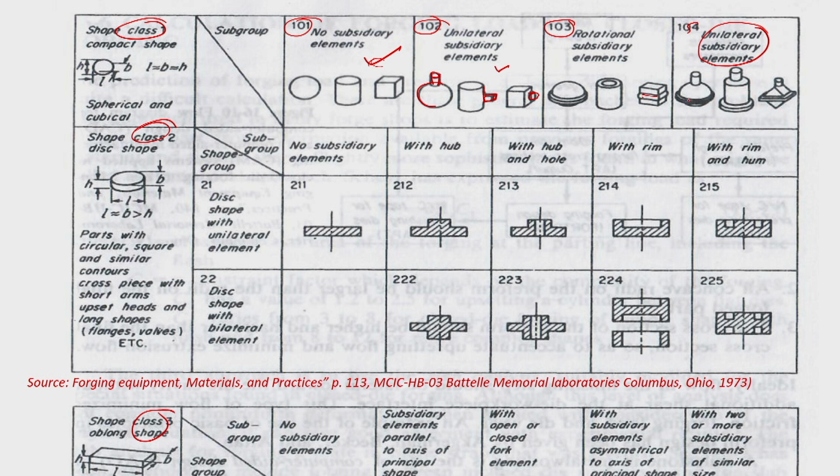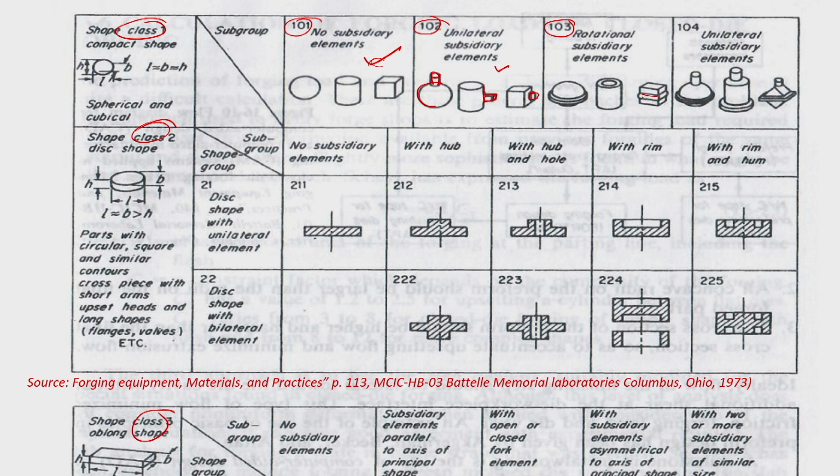So you have both the rotational subsidiary element as well as other subsidiary elements, maybe multiple numbers. To forge a piece like this is very complex. So when you move from the left to the right, the complexity increases.